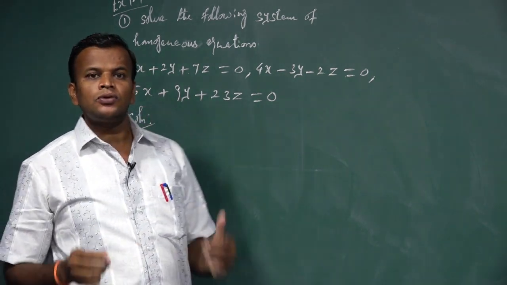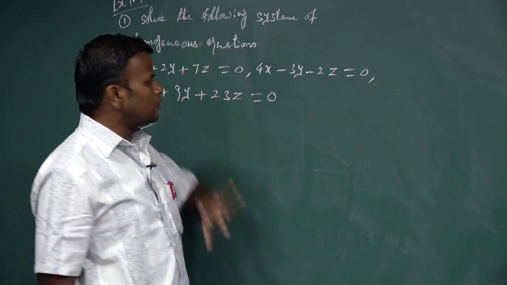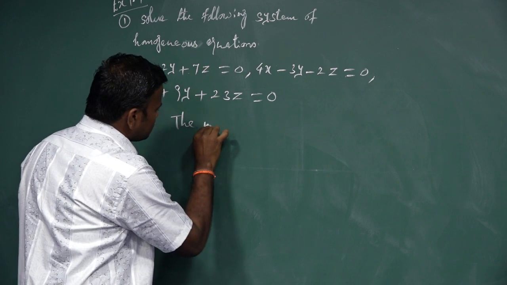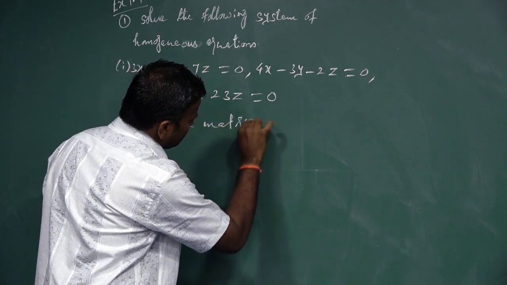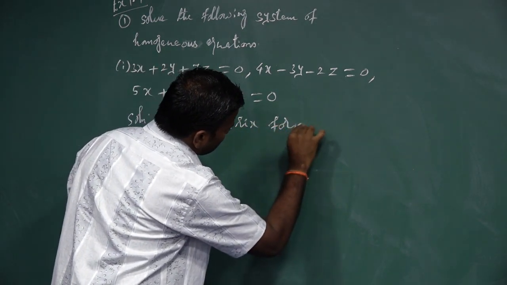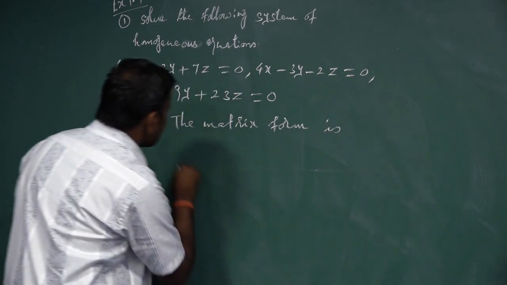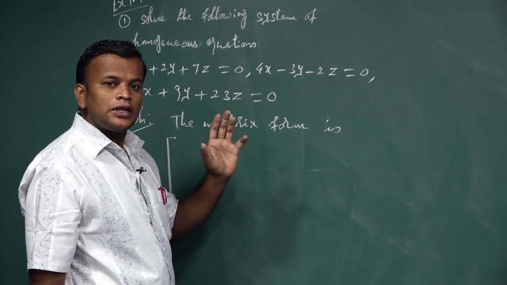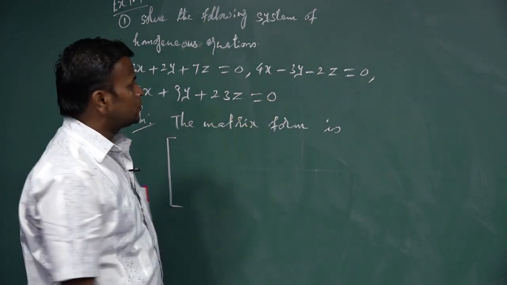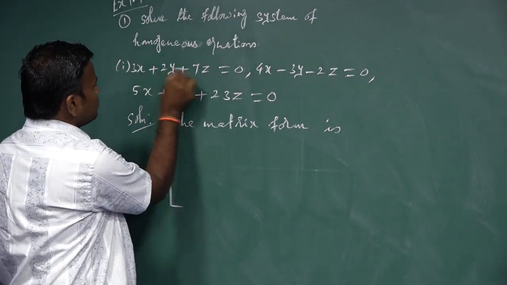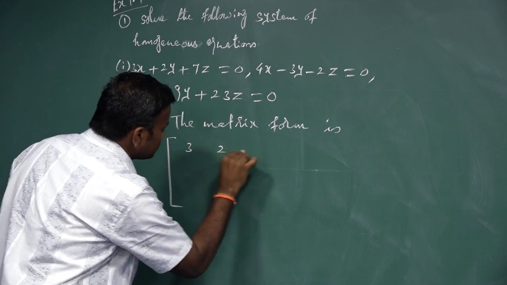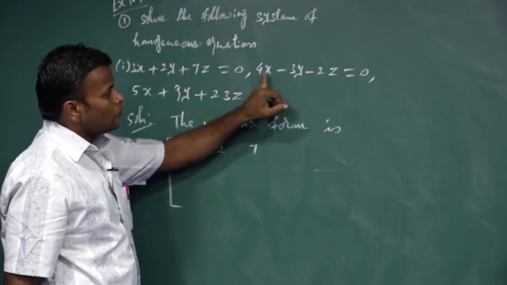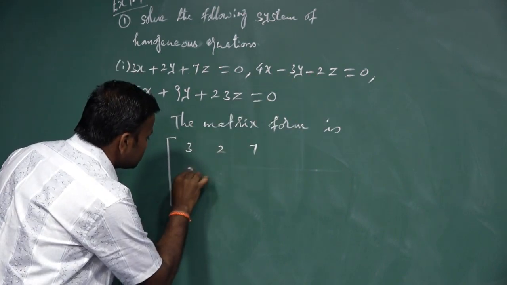The first step is to convert the given system of equations into matrix form. The coefficients of x, y, z in the first equation lie in the first row: 3, 2, 7. Second equation: 4, minus 3, minus 2.